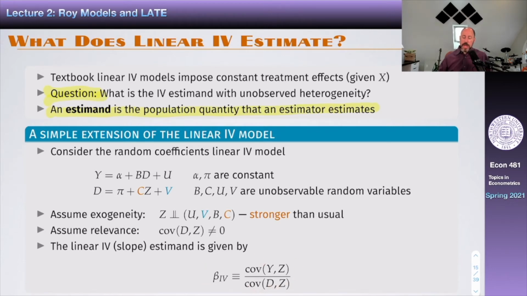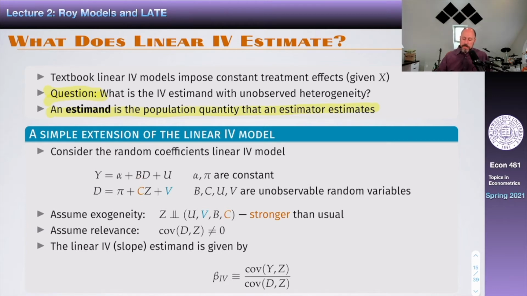This is what IV estimates, right? You do IV, and then you're just going for this guy, okay? The question is, what is this guy in this model? In the linear IV model, we know what it is because beta is constant, so it just gives you beta. But if we have this model, what is this guy?